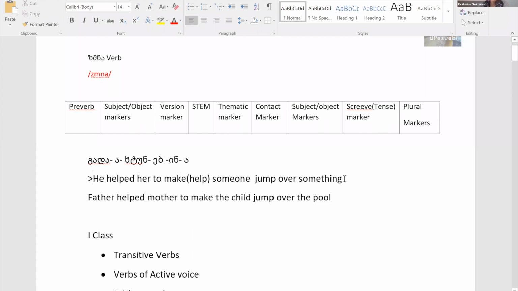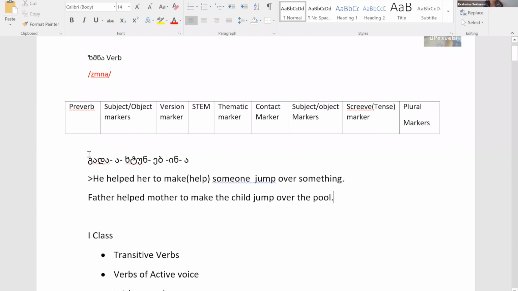For simplicity, I tried to come up with another sentence. For example, father helped mother to make the child, or to help the child, jump over the pool, over the river, or something else. This whole sentence is the idea given in the verb gadachtu bina.